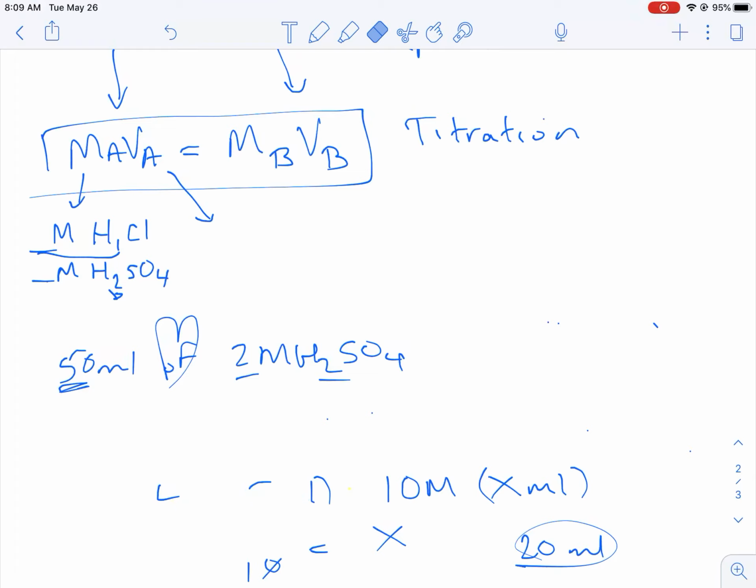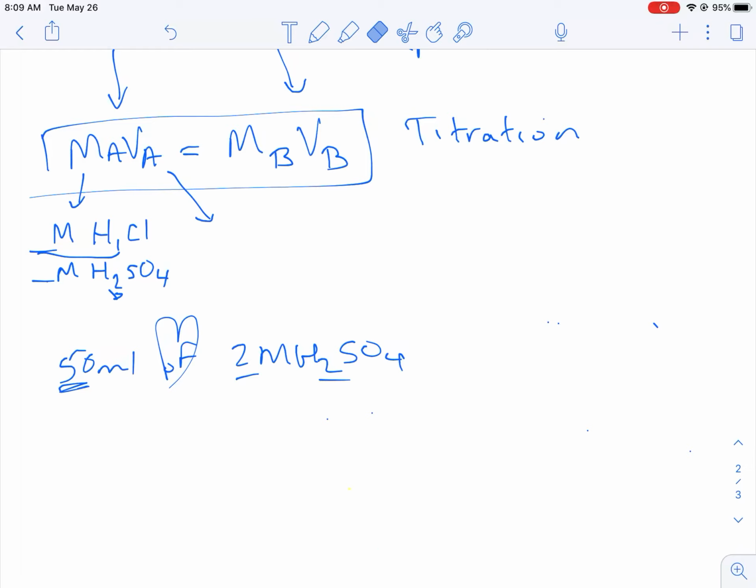Boy, this thing does not want to erase. Say they ask me with this, how many moles of H plus exist in this solution?